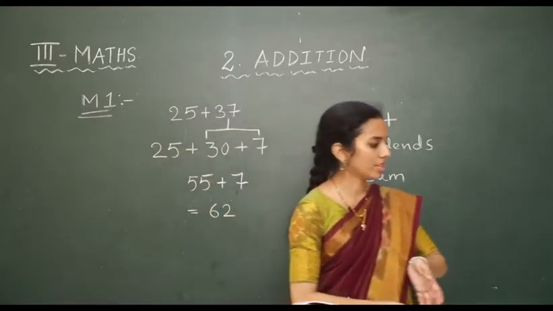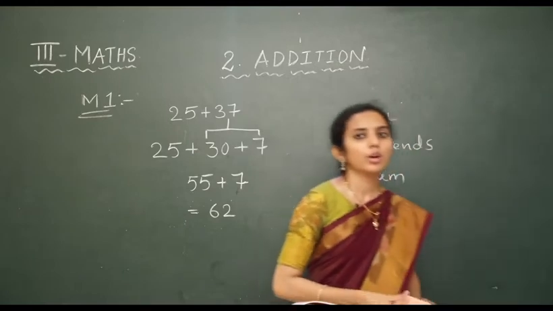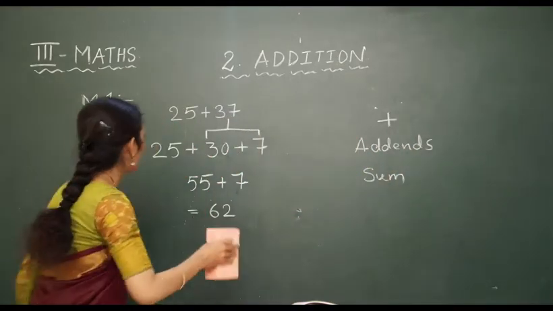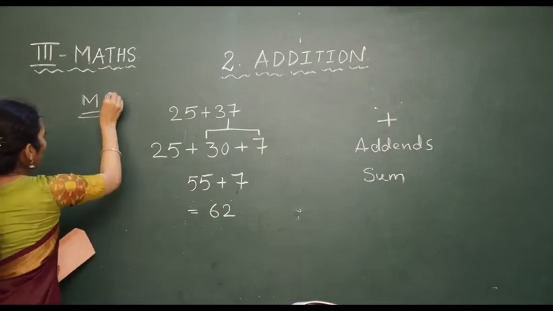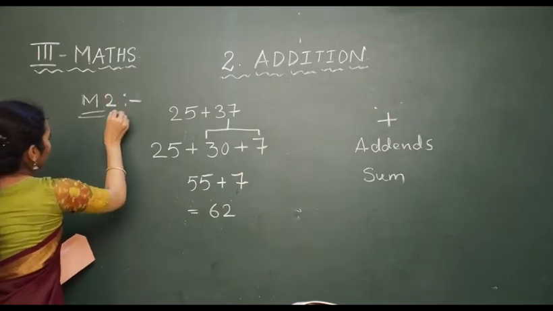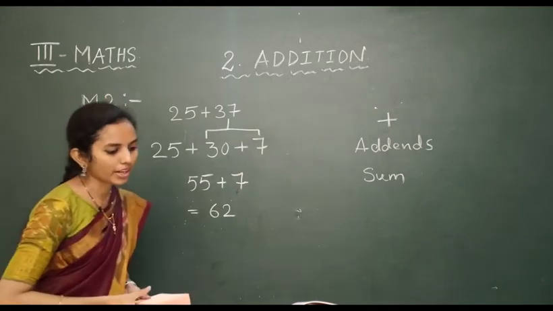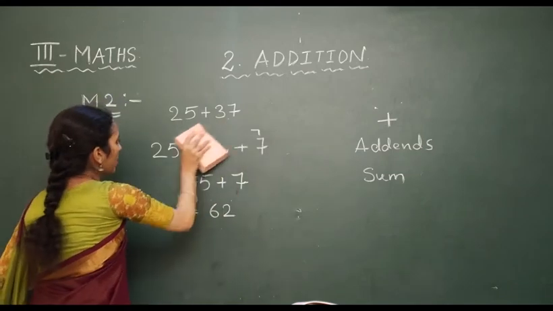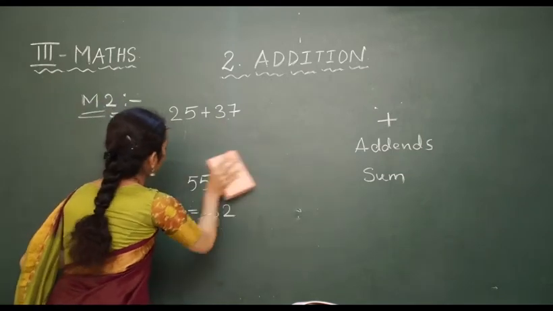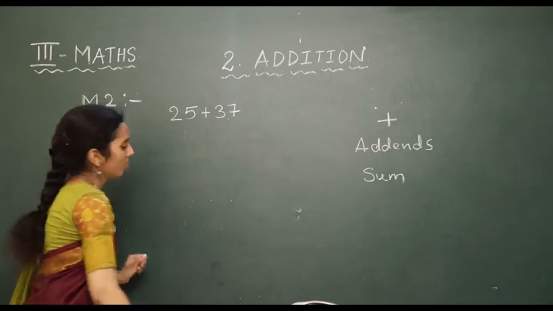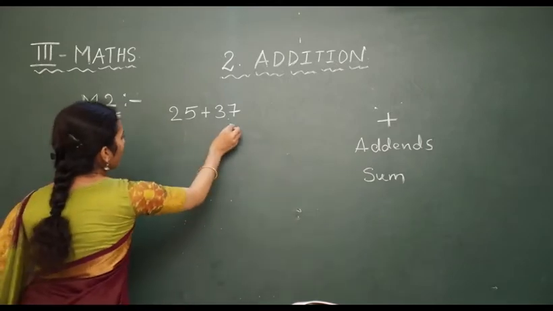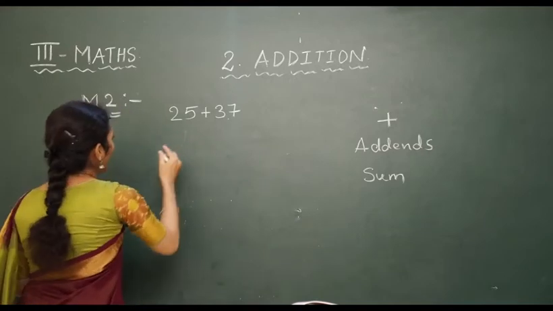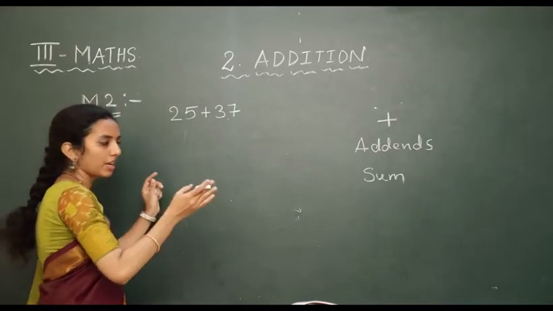Now what is the second method of doing the addition? The second method of doing addition is breaking two numbers. The same example is given again. So now we have 25 plus 37. Here we can split both the numbers.